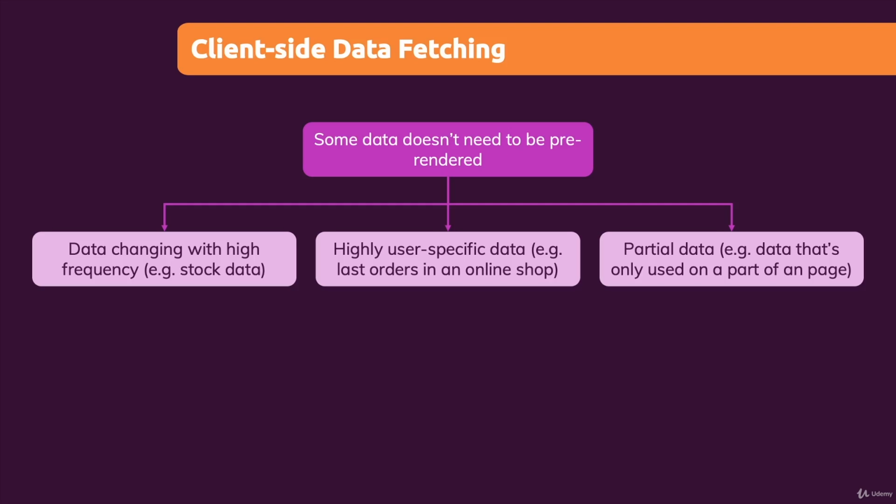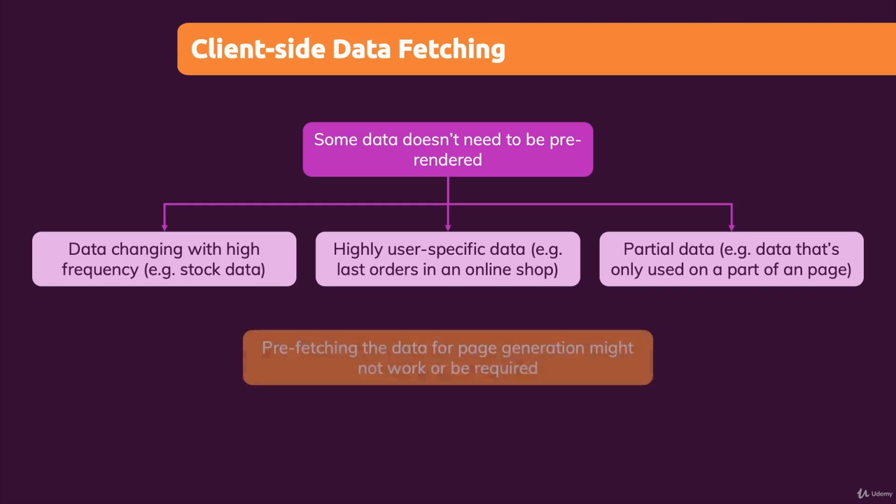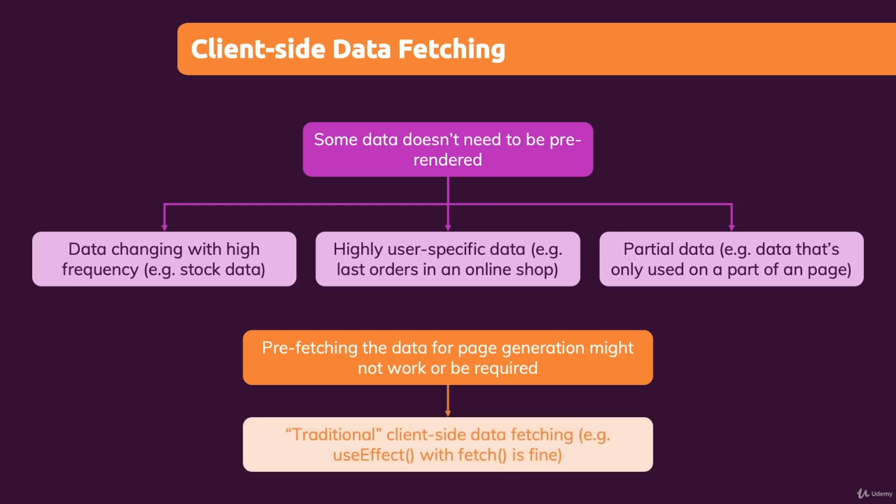And these are just some examples, but there can be use cases like those here where pre-fetching the data and pre-generating the page with that data might just not really work or might not make too much sense. And in such cases, it might make the most sense to use the traditional approach of writing some code in your React components, maybe with useEffect and fetch, to fetch data from some API from inside the client-side React application.